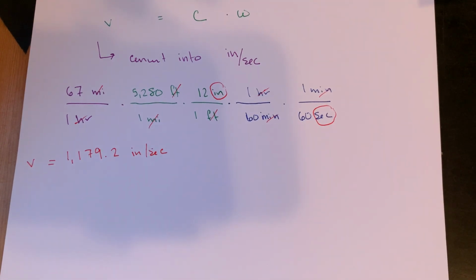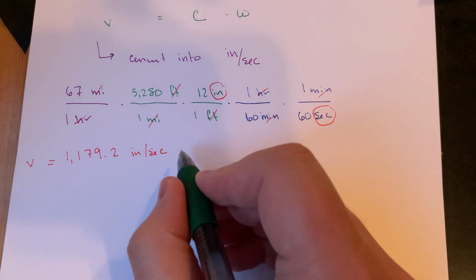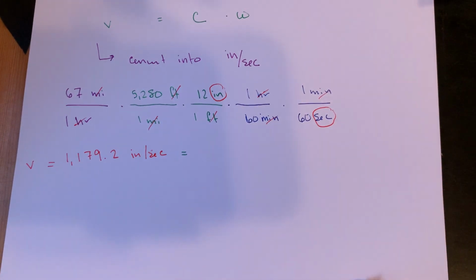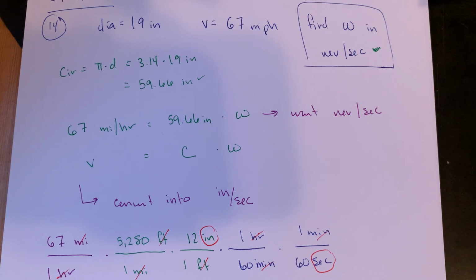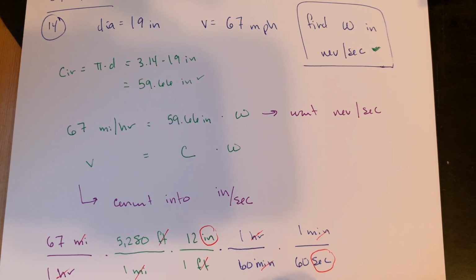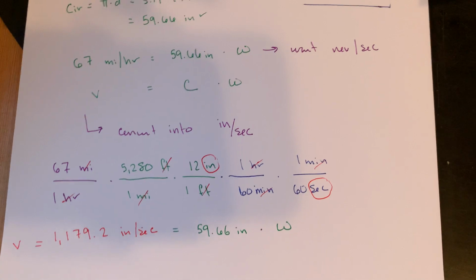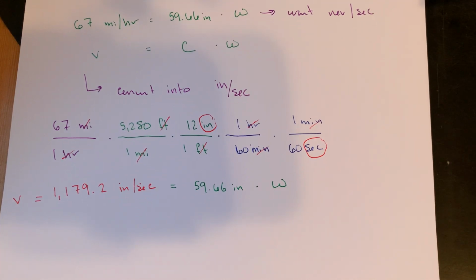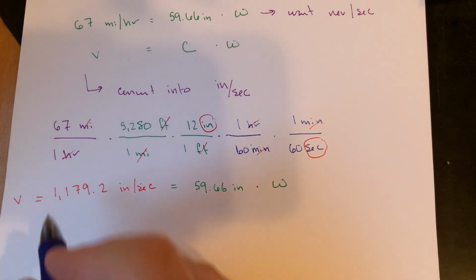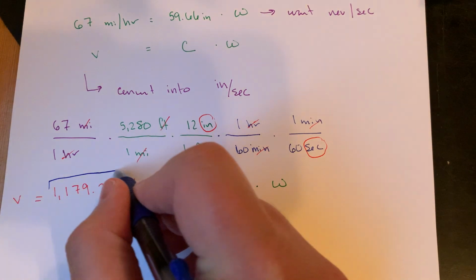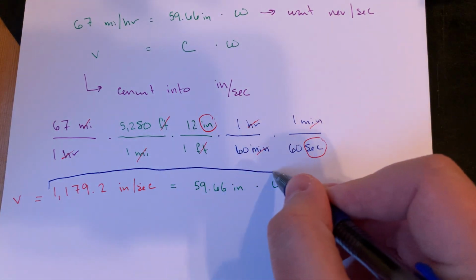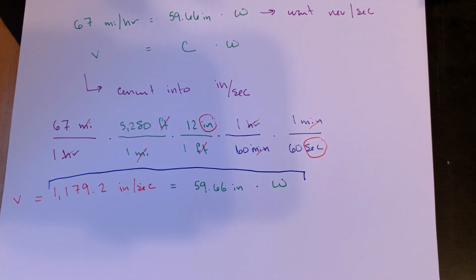Okay. So then that should be equal to, what did we have before? I'll pull this back down, right? So 59.66 inches times whatever this omega is, right? So I've set up here, right?